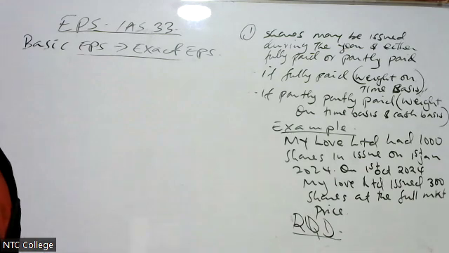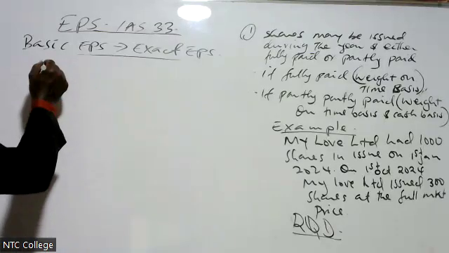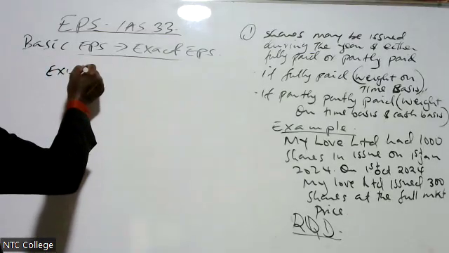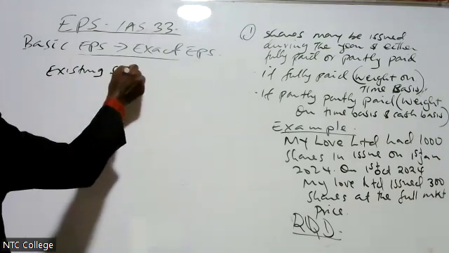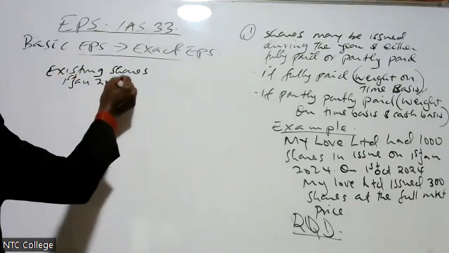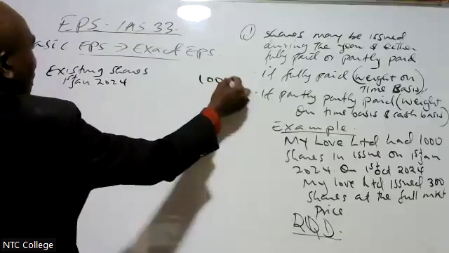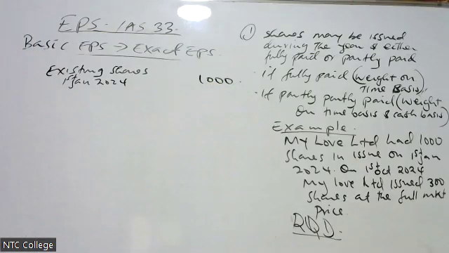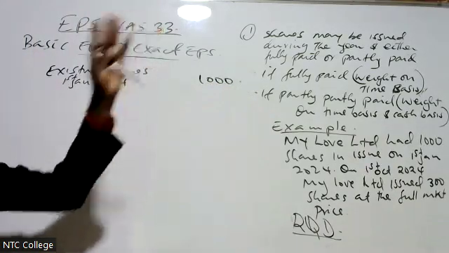We are assuming we end the year on 1st December. Therefore, I want to calculate my one-offs, so that I get the EPS. Existing shares on 1st January 2024 were 1,000. Those ones we don't wait because it was in the company for the whole year.